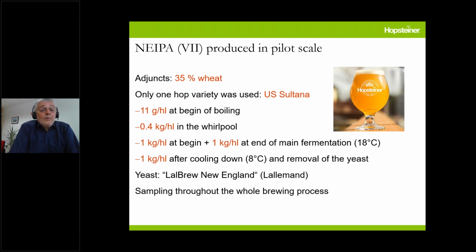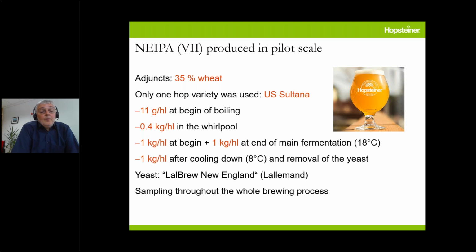Then 0.4 kilogram per hectoliter were added in the whirlpool. And then at the beginning of fermentation and at the end of main fermentation, we added 1 kilogram per hectoliter. Fermentation was done at 18 degrees. And after cooling down, we added another 1 kilogram per hectoliter.